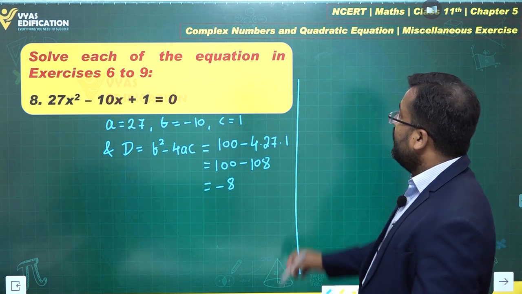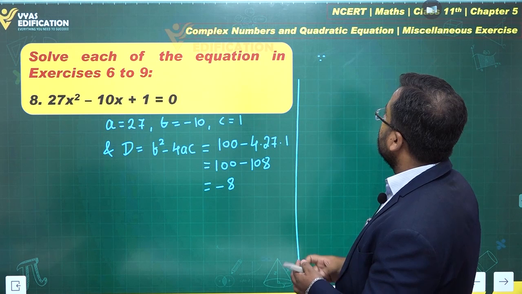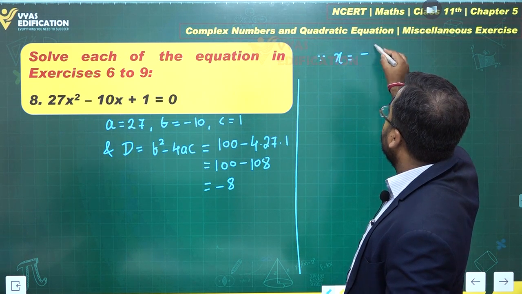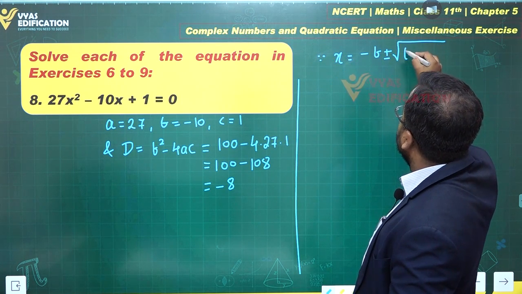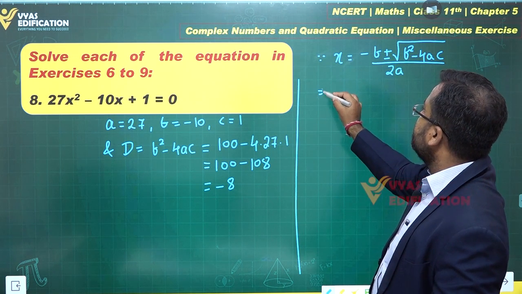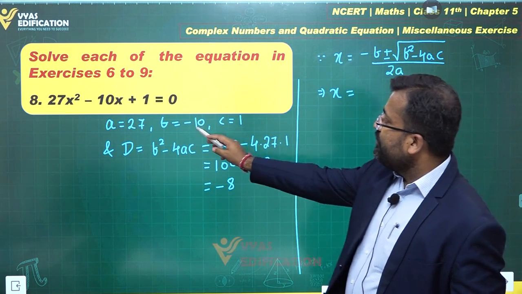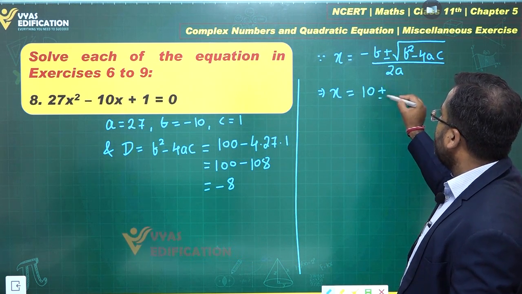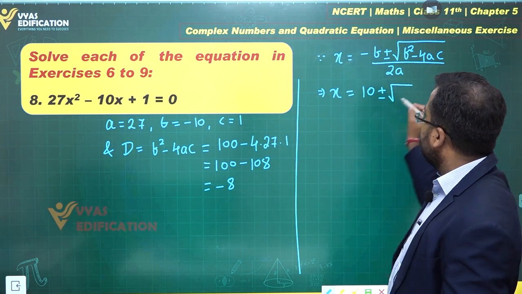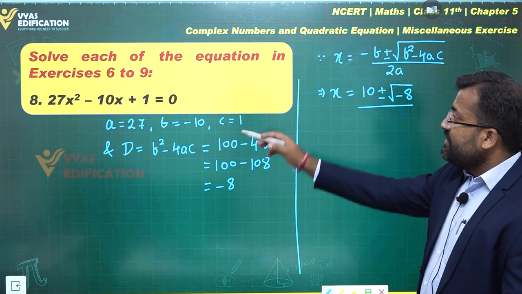Since x is equal to minus b plus minus under root of b square minus 4ac over 2a, implies x equals, what is minus b? Minus b would be minus of minus 10, which is 10, plus or minus square root of D, which is minus 8, upon 2a. Now 2 times 27.